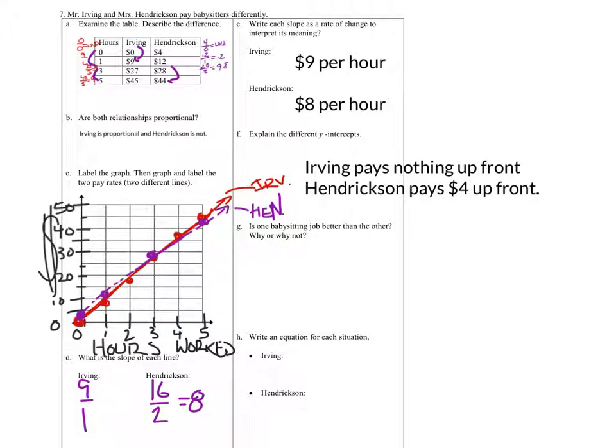Good. What if you went exactly 4 hours? Then it's the same. That's very important to point out. If you work less than 4 hours, Hendrickson's your better deal. More, Irving, and exactly 4, just whoever you like the best. Okay? Maybe you can get Hendrickson to bump up that signing bonus kind of thing.